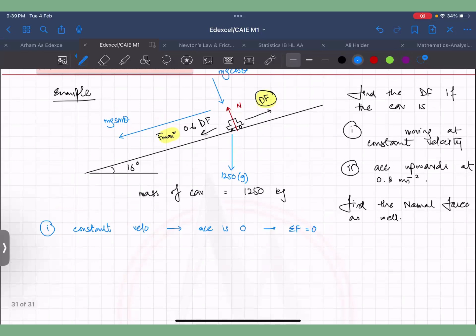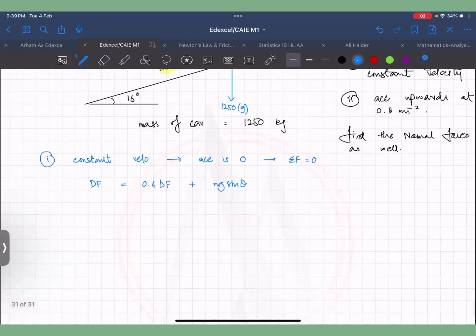So you have to equate them. The driving force, which you don't know, is equal to the forces pushing it downward. It is the friction, 0.6 times the driving force, plus the weight component, which is mg sine theta.